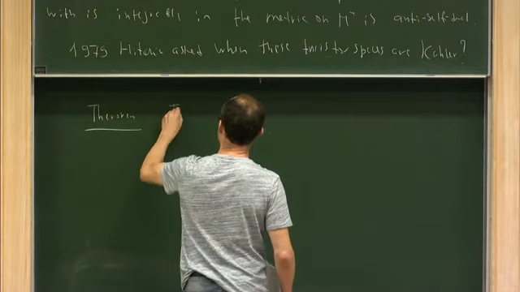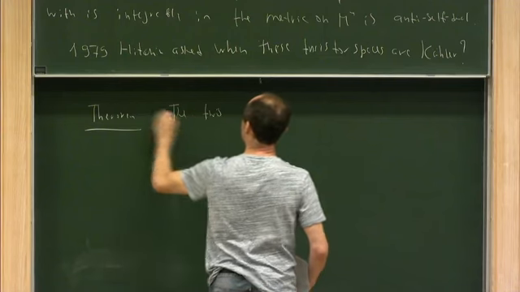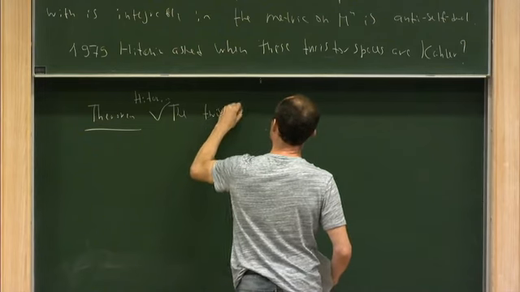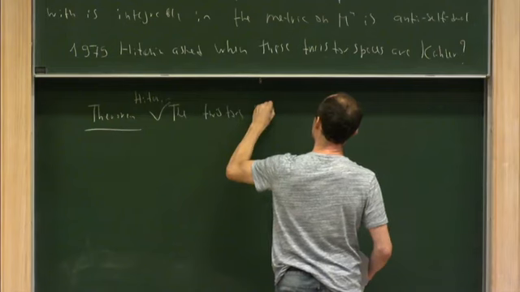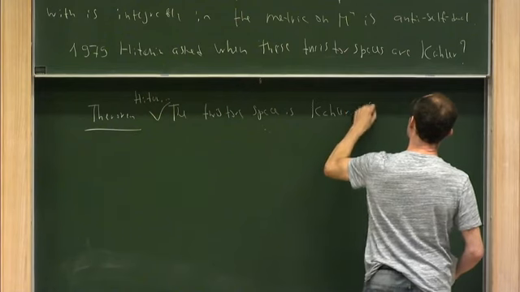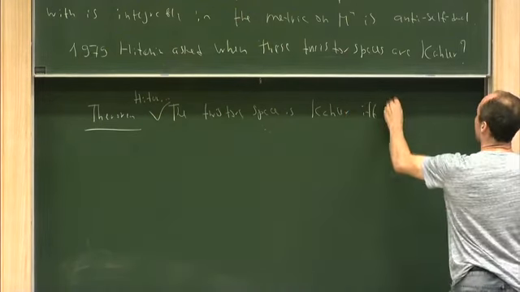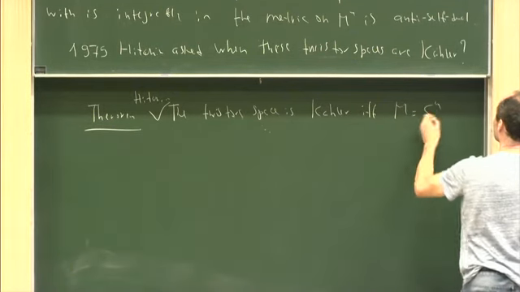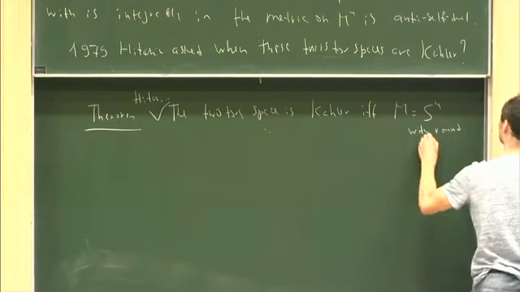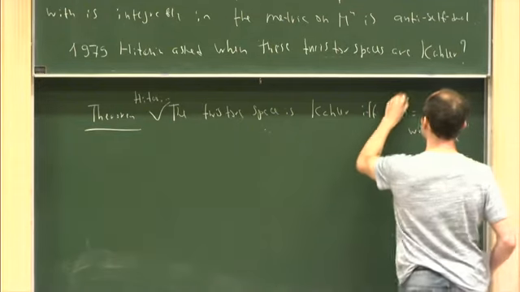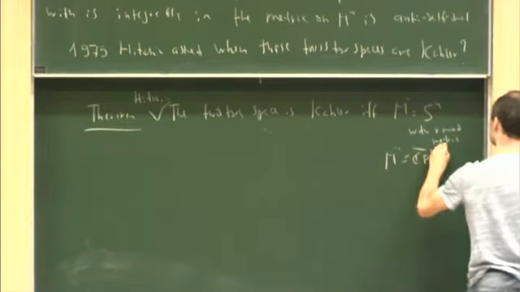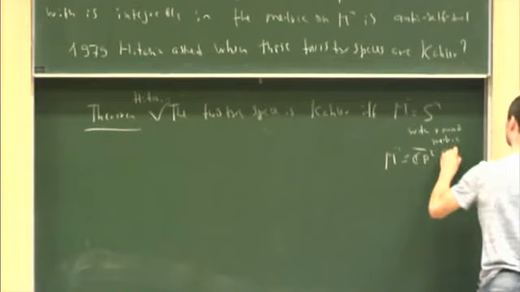The twistor space is Taylor if and only if M is equal to S4 with round metric, or M is equal to CP2 bar with Fubini-Study metric.